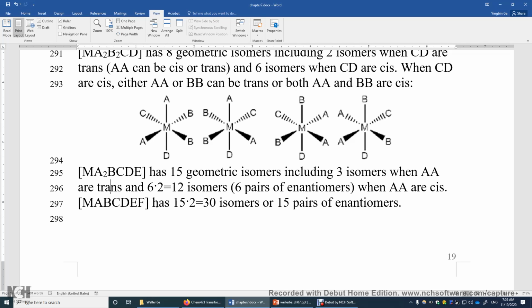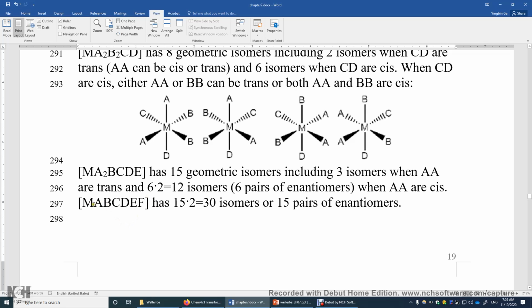But anyway, you can put the pair of BC on top and bottom, BD on top and bottom, BE on top and bottom. You can put CD, one on top, one on bottom, and CE, one on top and one on bottom. So I just enumerated 6 possible arrangements. And for each such arrangement, due to the lack of improper symmetry element, all 6 are chiral. And that means you have 6 times 2 isomers, or 6 pairs of enantiomers.